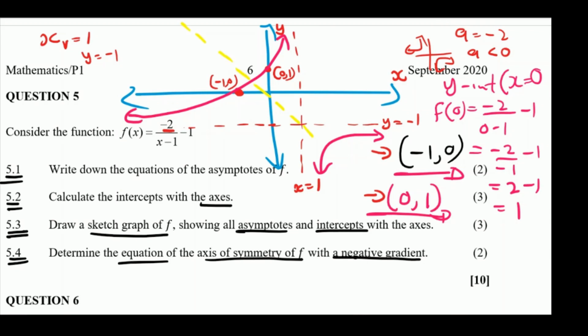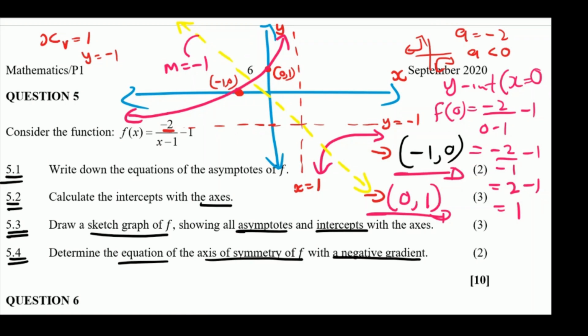So this would be the negative axis of symmetry. It's decreasing, right? Let me remove this. So this is a decreasing axis of symmetry of this hyperbola, where our m is equal to minus 1, right?